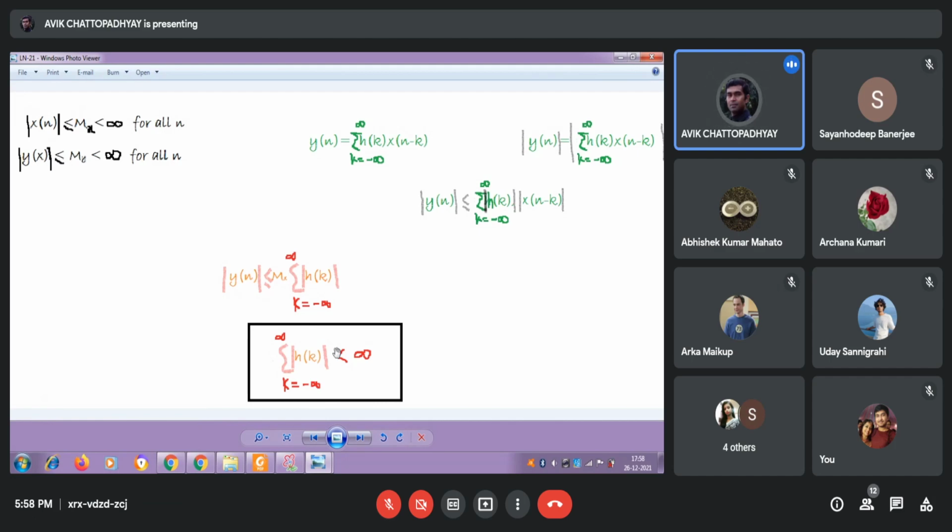In case of causality I mentioned a condition, and here also in case of stability I mentioned the condition: the impulse response of the system will be absolutely summable. The continuous time counterpart will be the integration.